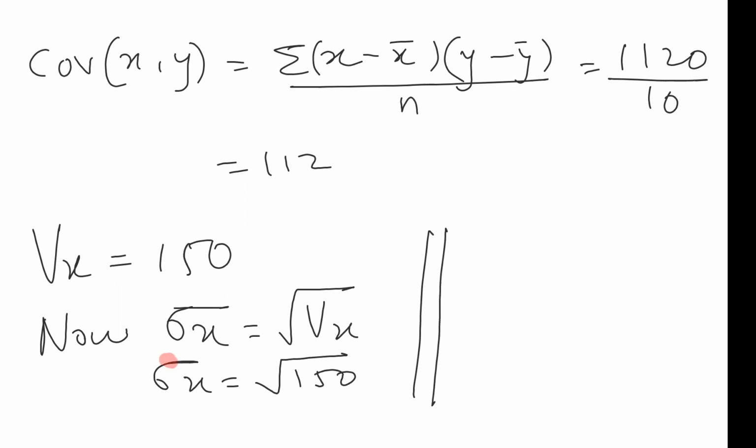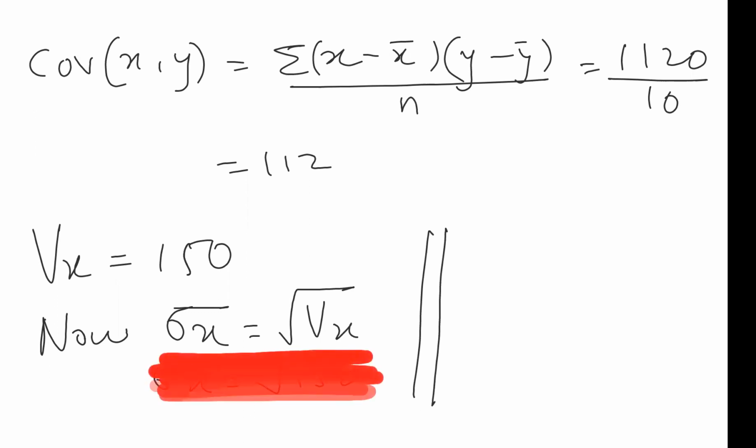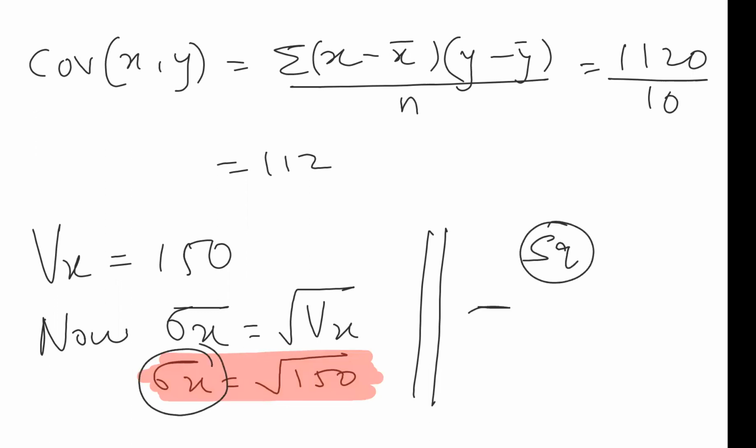Now we'll square both the sides because we require standard deviation of x square. So after squaring both the sides, we get standard deviation of x square is equal to 150, right? So we got the covariance part and the variance as well.